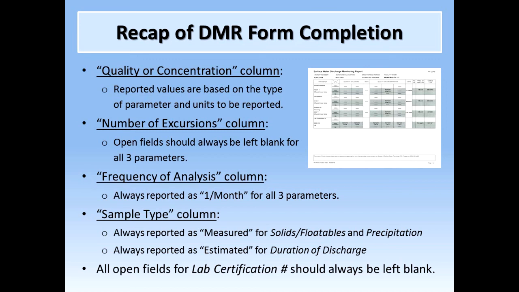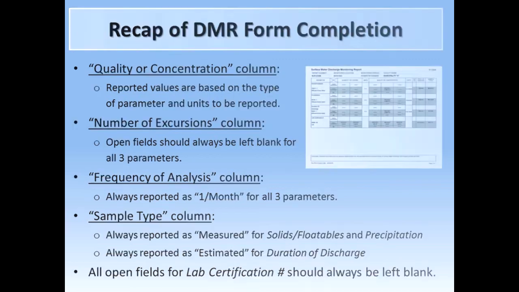The sample type for solid floatables and precipitation should always be reported as measured, while the sample type for duration of discharge should always be reported as estimated. Lastly, all open fields for the lab certification number parameter should always be left blank when completing the DMR.